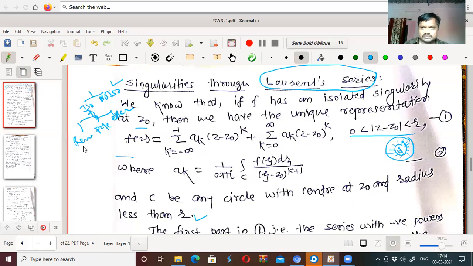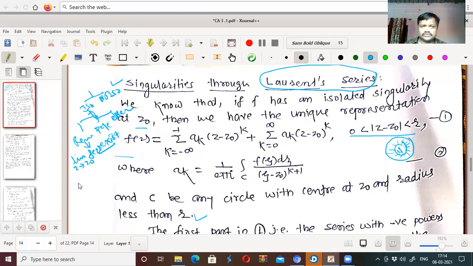What is meant by removable singularity? The function is not analytic at z equal to z0, but the limit as z tends to z0 of f of z exists, right? But we are not given the direct value of f of z at that point. So in this case, the singularity is called removable singularity, because we can redefine this function by taking the value of f of z0 as the limit of this function.